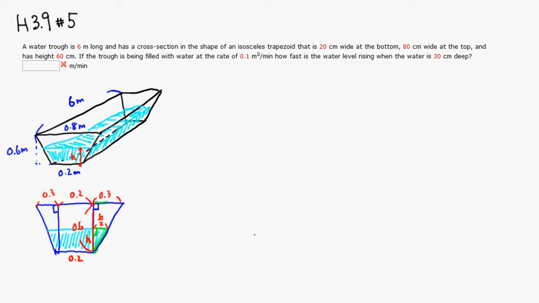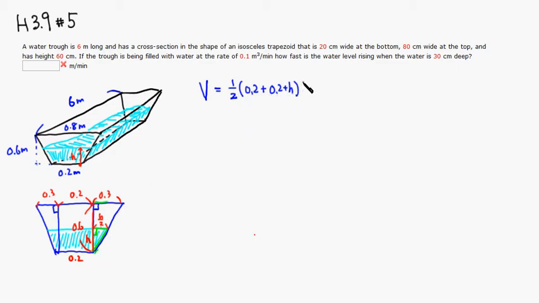If you want to find the area of this trapezoid, or maybe I should say the volume of this water, we can do this. The volume of the water: this is a trapezoid, so you have 1/2 times the bottom, which is 0.2, plus the top, which is 0.2 plus 1/2 H and 1/2 H, so 0.2 plus H. So this is the bottom plus the top, times the height.